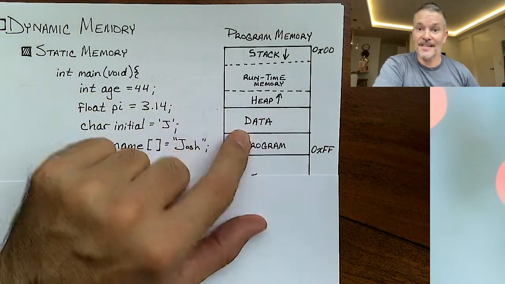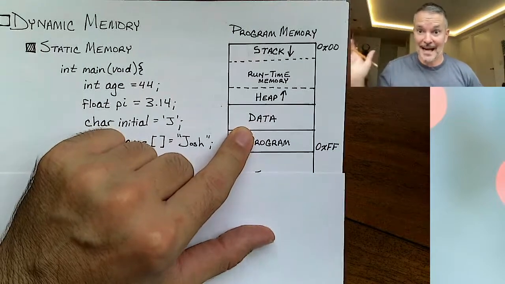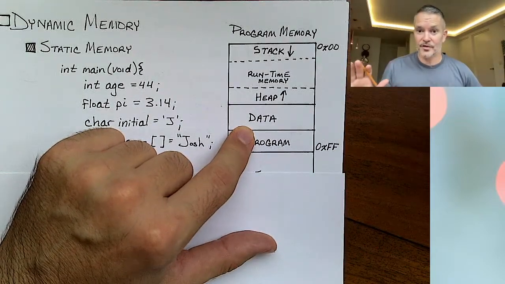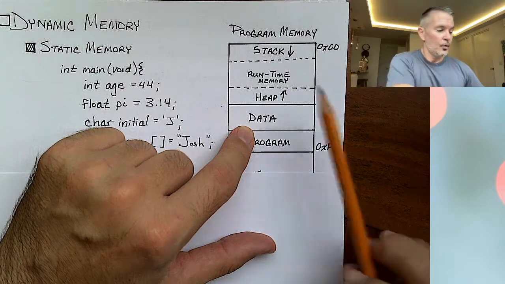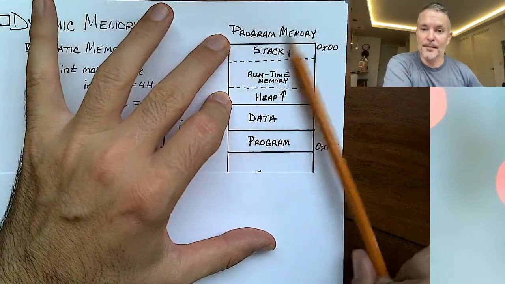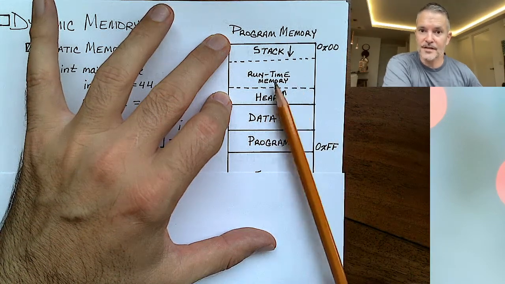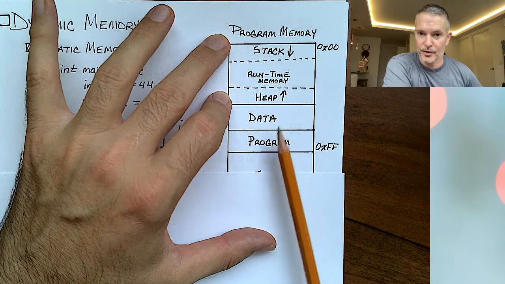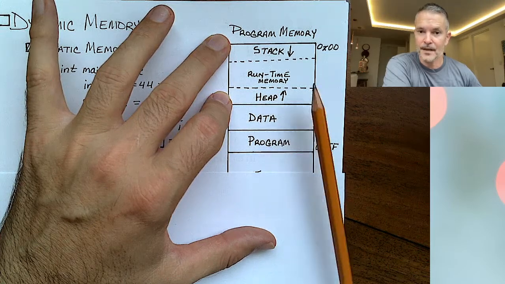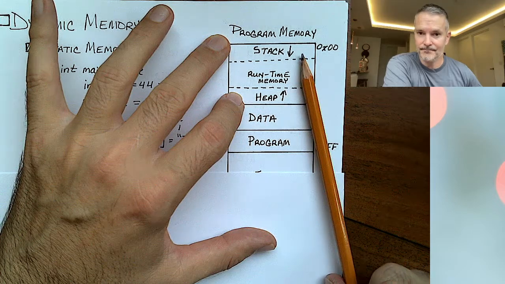We call this static memory because as soon as the program loads, all of this memory gets allocated and it's ready to be used by the program. Also in the program memory space, there are two other areas of memory besides the program and the data area. There's what is called the heap and the stack.